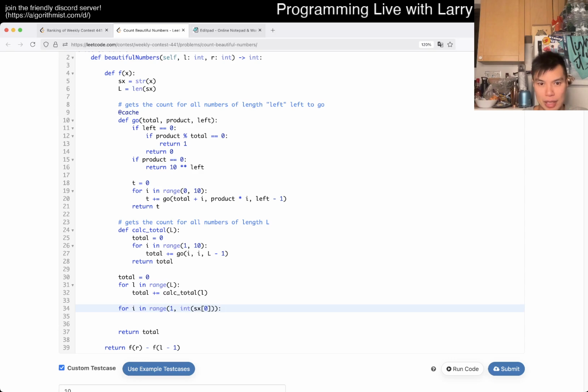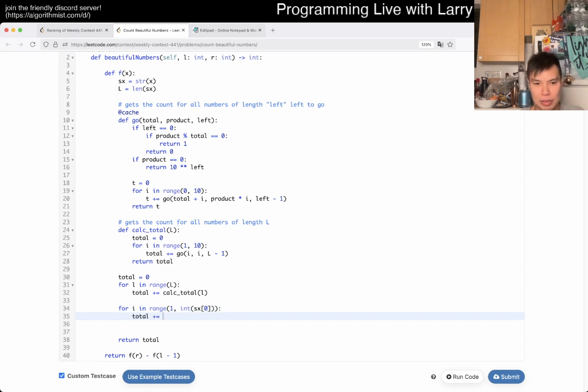So 1 to that, not inclusively. Then total we add to, actually just go of total, i, left minus 1 or L minus 1. I think that's actually okay.